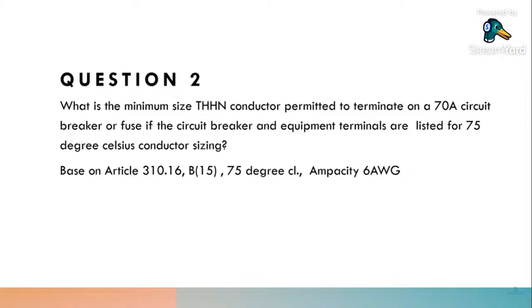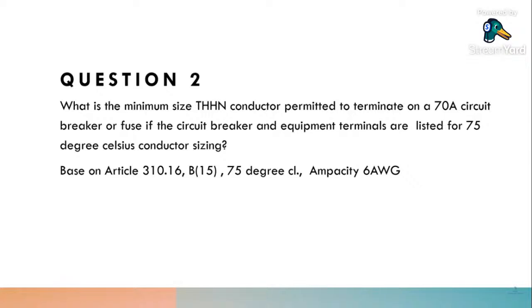Now, in the case of THHN, the temperature rating of that conductor is actually 90 degrees Celsius. So, of course, it's going to exceed the temperature rating of the equipment terminal. So this is how we interpret this.